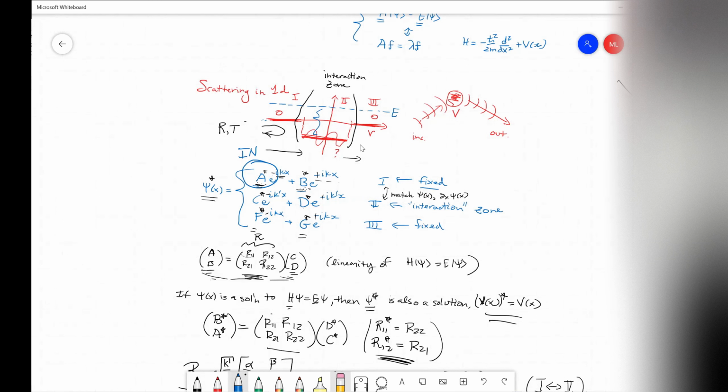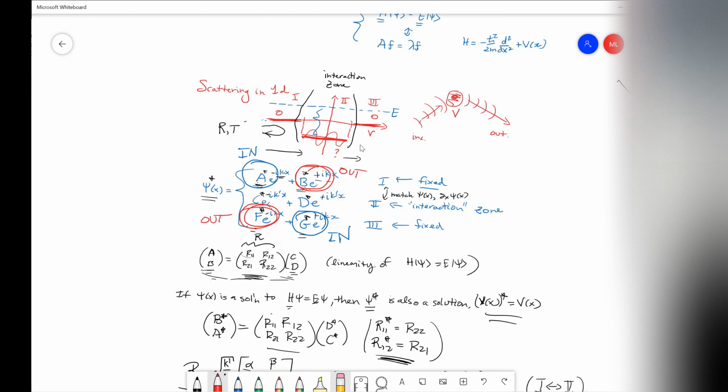And that's coefficient G. These are the in states. And then there's out states. The out states are the reflected portion in region 1 that goes out here. That's this guy that goes out. And in region 3, we have the stuff that comes out that gets transmitted. That's the F. That's the out.